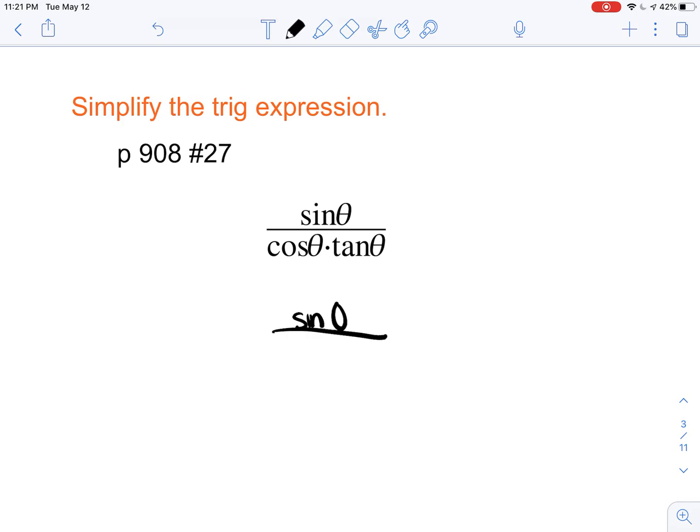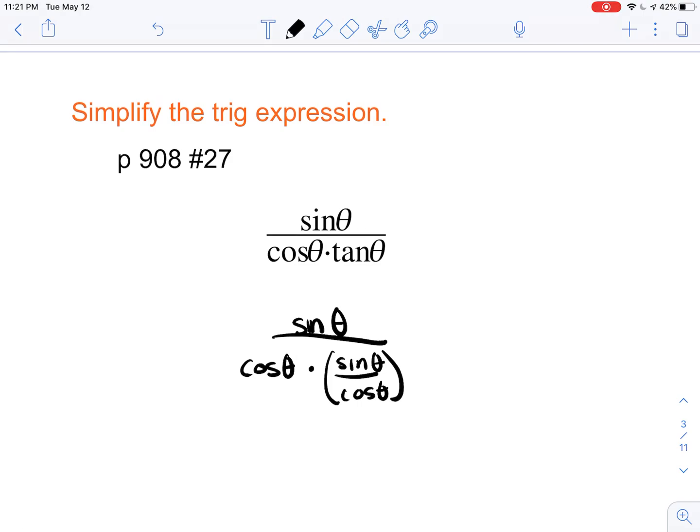Okay, so again, we're going to turn anything that is not a cosine or a sine into something with that. So sine we can leave. Cosine we can leave. But again, that tangent can be substituted with sine over cosine. Okay, right? We make that substitution. We know those are equal.